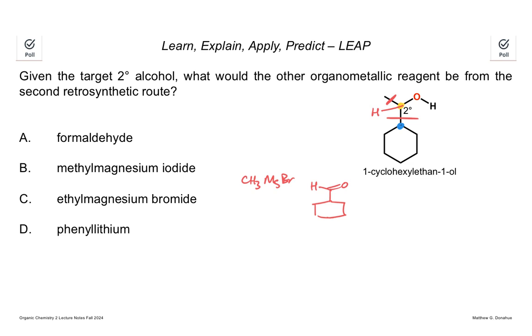So that would be the aldehyde to use for that partner. And that would be a second way of doing this. So this would be methyl magnesium iodide, again, or bromide or chloride, because that really doesn't play a part in the ultimate reactivity.